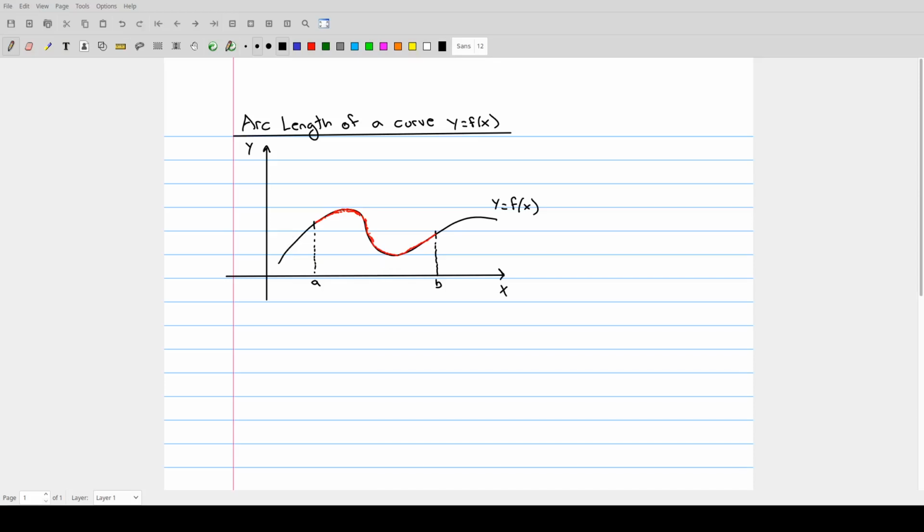Because the idea here, just like many of the other applications, is to partition our interval into a whole bunch of small subintervals. And I'm drawing here a small partitioning of this interval into a whole bunch of small pieces.